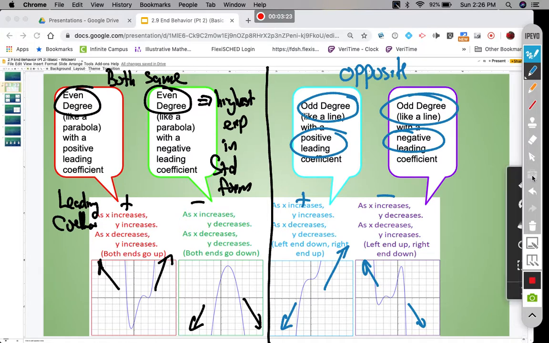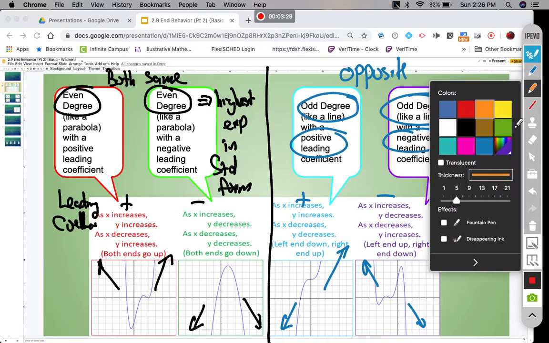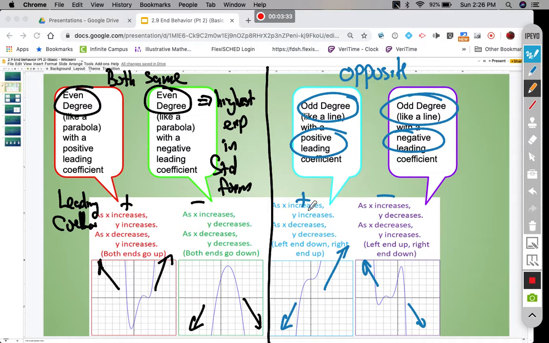Another thing that might help you to notice or look at this. Let's go with this one. You notice when we're positive on the right, it goes up. Negative on the right, it goes down.